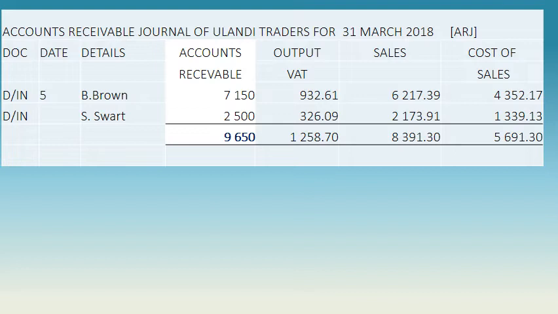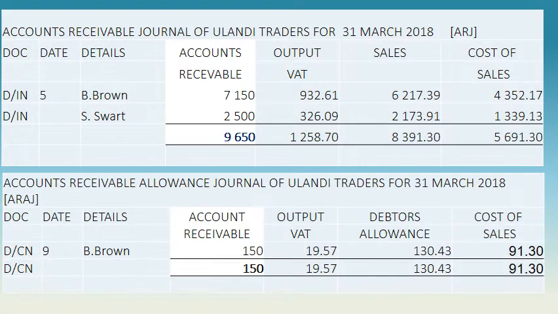In the past, we prepared the accounts receivable journal and posted the totals of columns to various accounts in the general ledger. And the column for accounts receivable was posted to the accounts receivable control in the general ledger. We've also prepared the accounts receivable allowances journal, and the accounts receivable column was posted to the accounts receivable control in the general ledger.